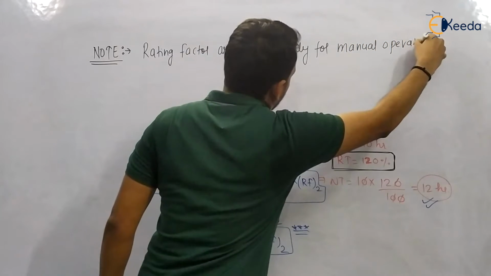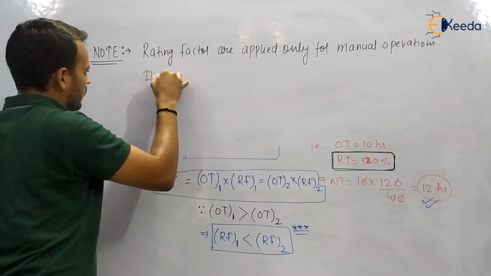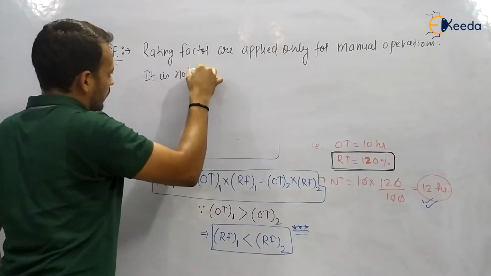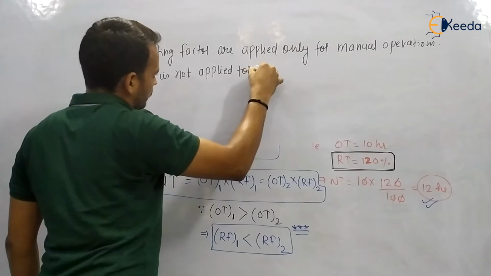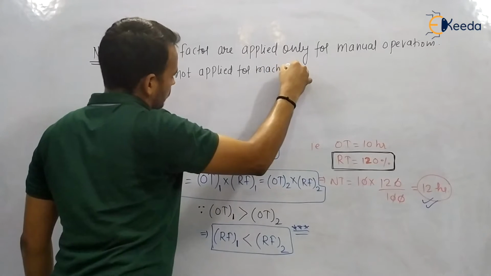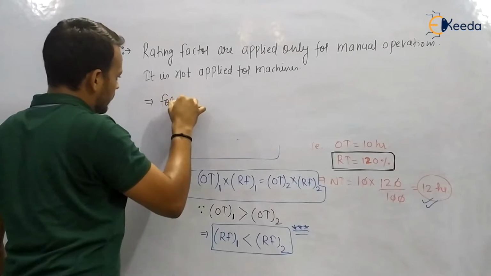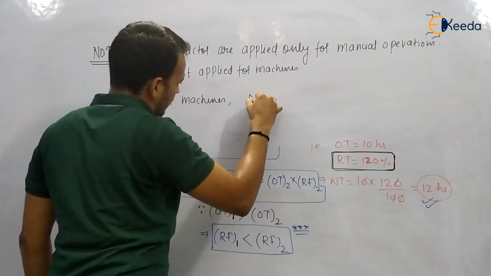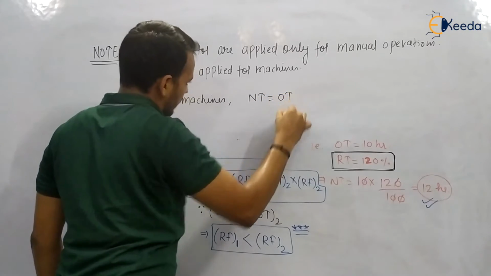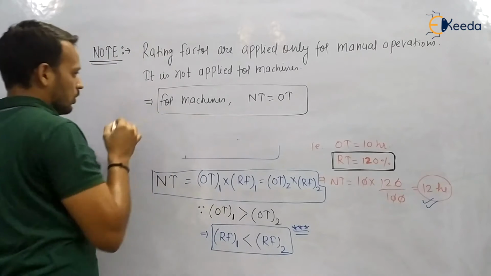It is not applied for machines. That means that for machines, the normal time is equal to the observed time.